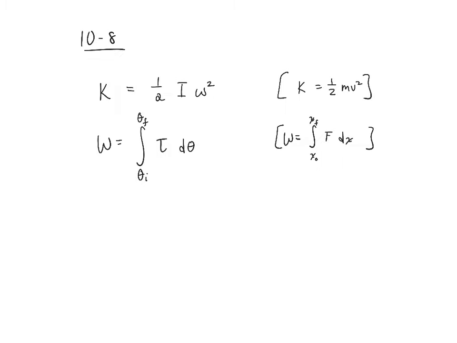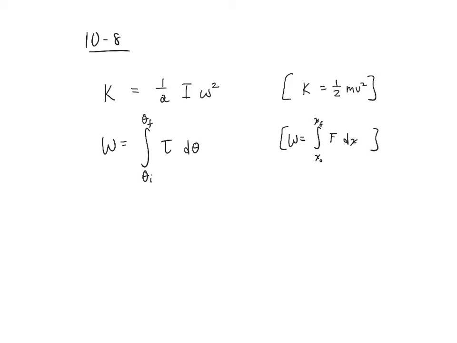Power, if we remember, equals dW/dt, which in linear motion could also be written as F times V. If we want to find the power for rotational motion, power is still dW/dt, because that hasn't changed at all.